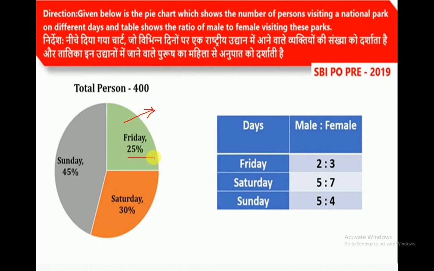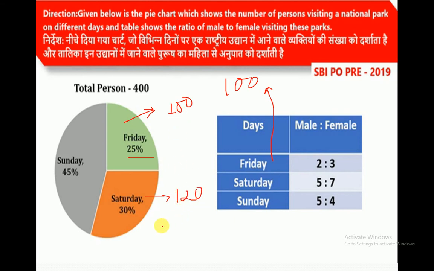1/4. This is 1/4. 1/4 of 400 is what? 100. So Friday it's 100. Saturday is 3 by 10, so 3 by 10 would be 120.